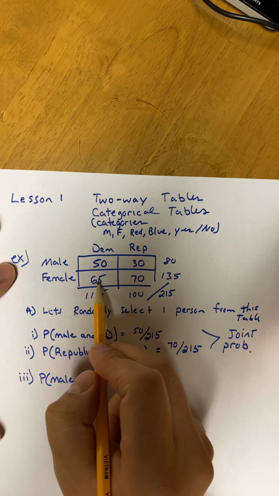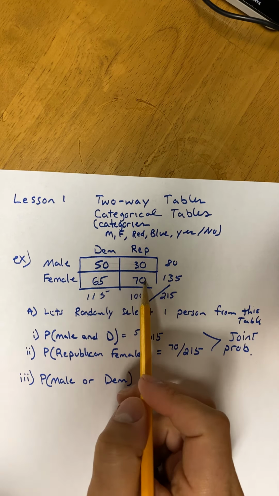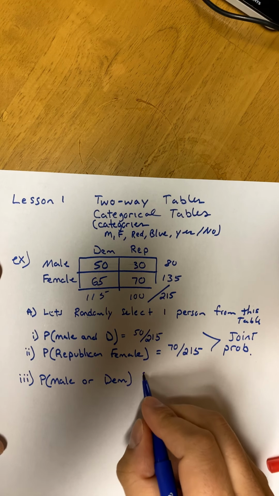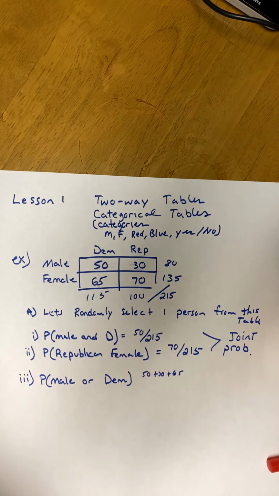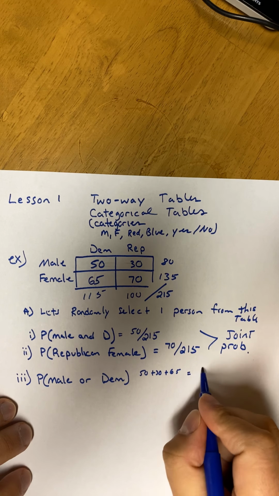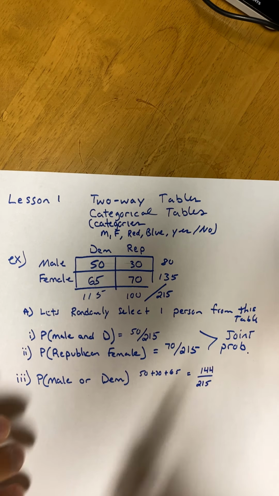The 65, well, these aren't males, but they are Democrats. So the only ones that are not a male or a Democrat are those 70 people right there. So I'm going to add up the 50, the 30, and the 65. That's going to be 145 out of 215.